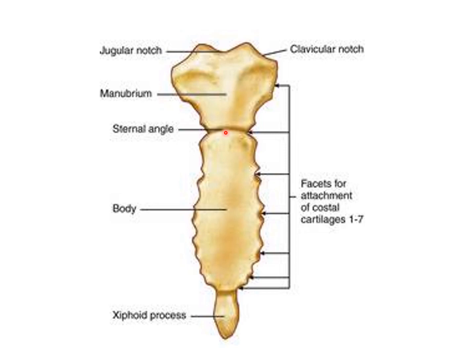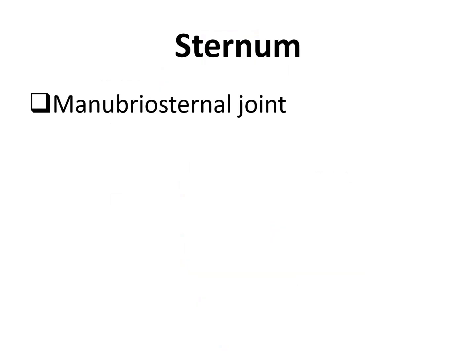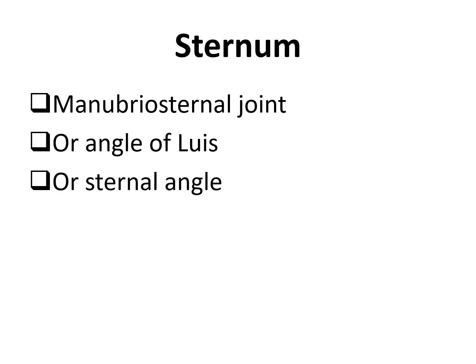It has many names. We can call it the sternal angle, the manubriosternal angle, or the angle of Lewis. All these are names for this part, and this part is important anatomically.